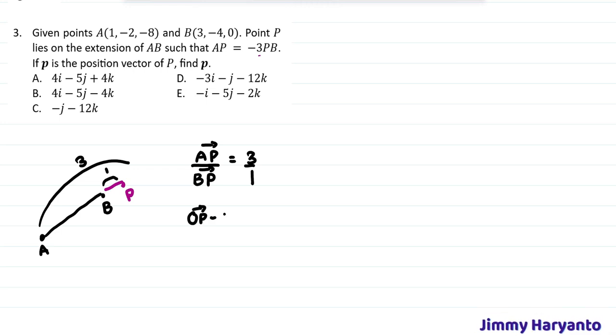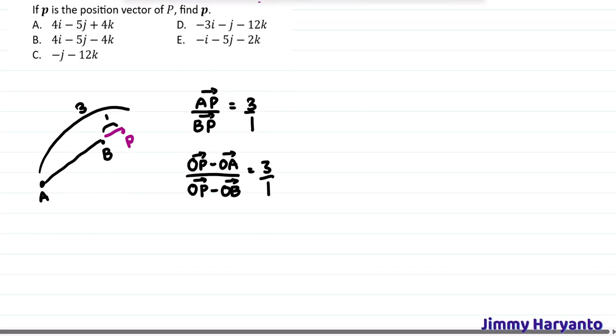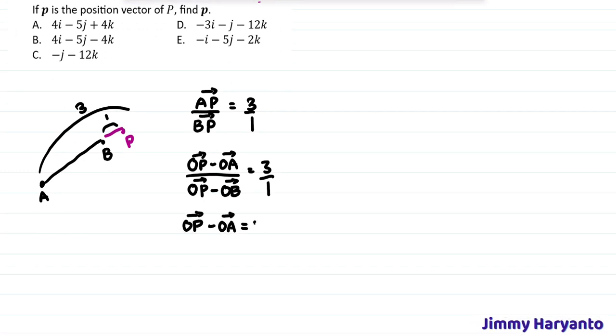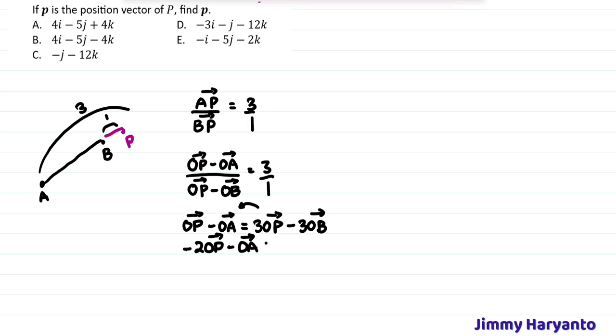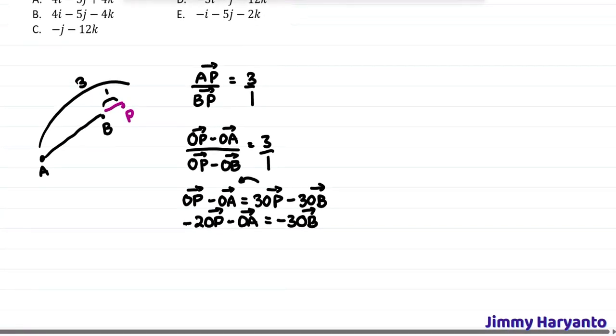(OP minus OA) over (OP minus OB) equals 3 to 1, and then you cross multiply first. OP minus OA equals 3OP minus 3OB, and then you move the 3OP, you have negative 2OP minus OA equals negative 3OB. The question wants you to find OP.